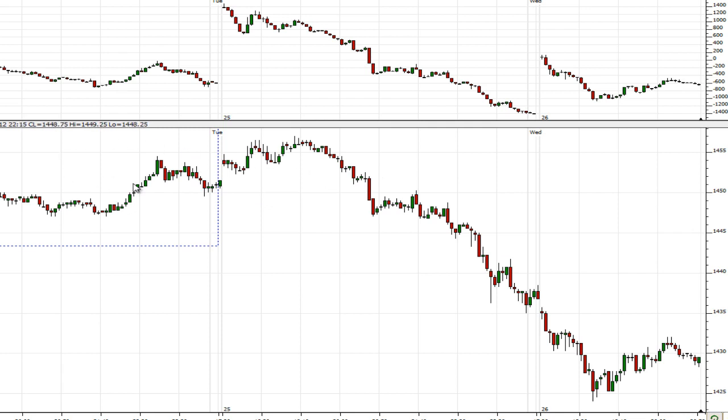So since we've been balancing for about 6 or 7 days and now we're still at the high volume node, we should be relatively prepared that there could be a big move about to happen in the next day or two or sometime soon, right? And we're looking for tells to see which side it's likely to happen on.